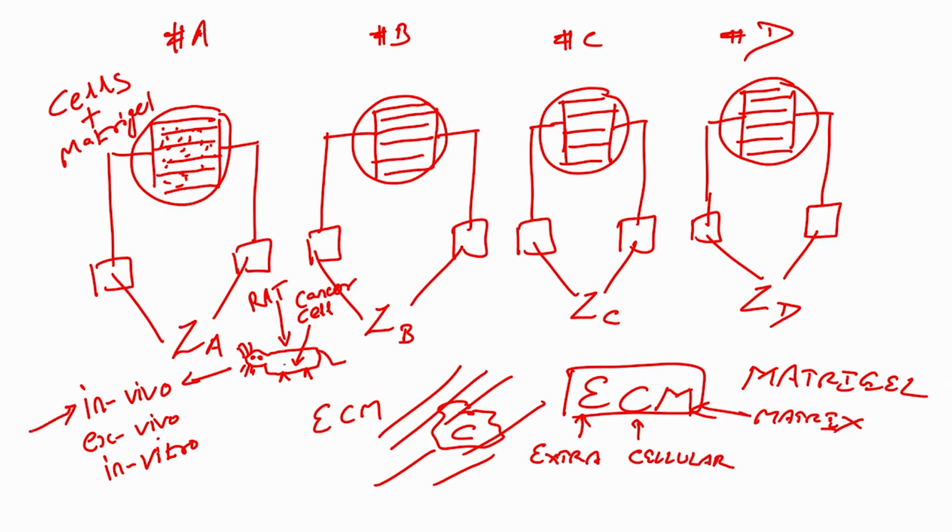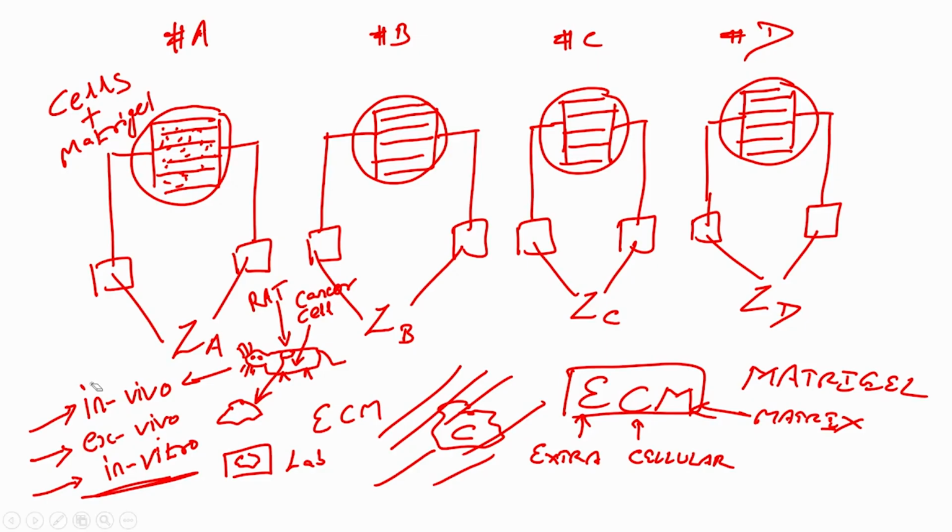If I take out the tissue, if there is a tumor here, if I take out this tumor from the rat, it is an ex vivo study. But if I replicate this same tumor on a platform in the lab, it is an in vitro study. You got it?